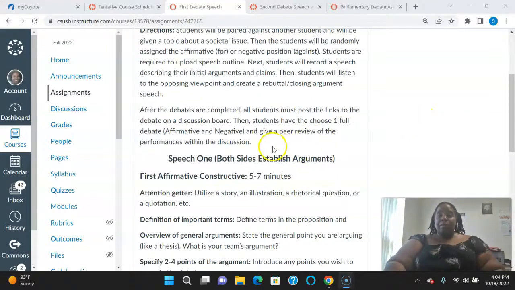On a side note, once we are done with both speech 1 and speech 2, you will put your YouTube videos on the discussion board, and then your classmates will be able to view your videos and give a peer review, and you can do that for other students as well. So that will happen later on.